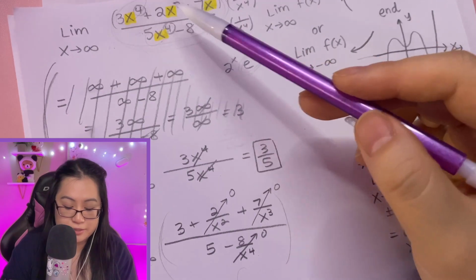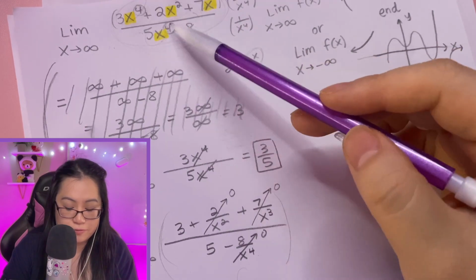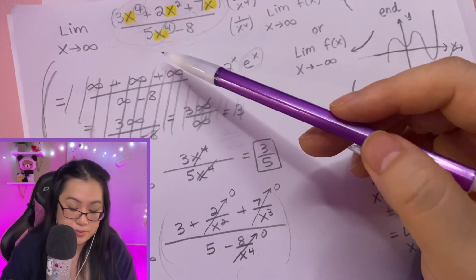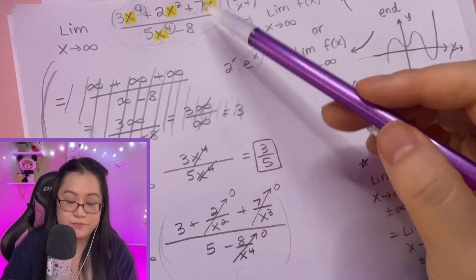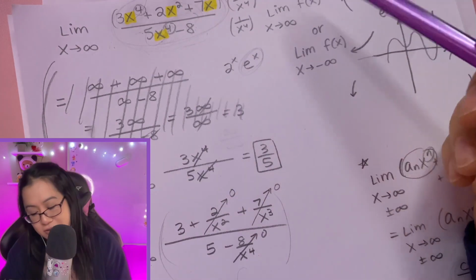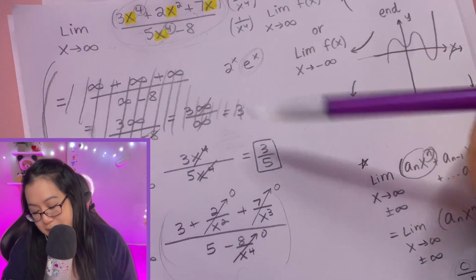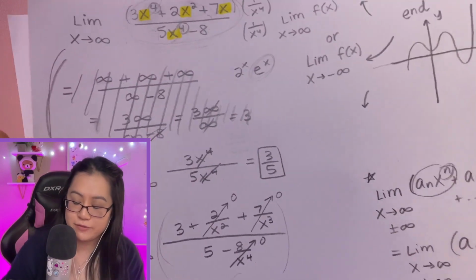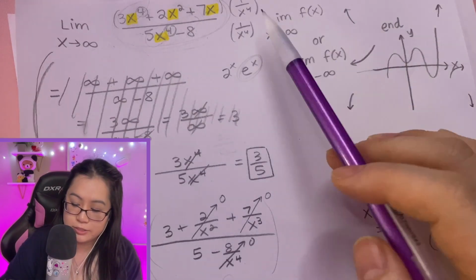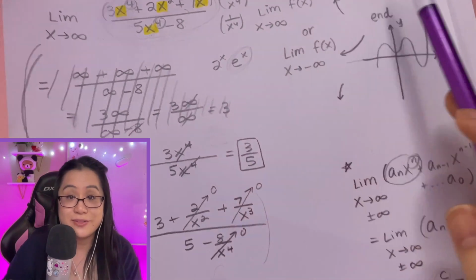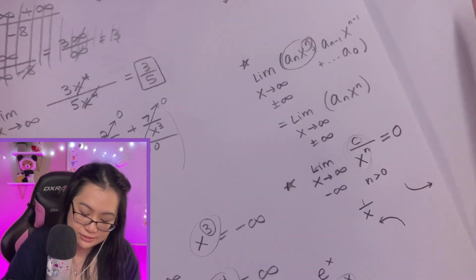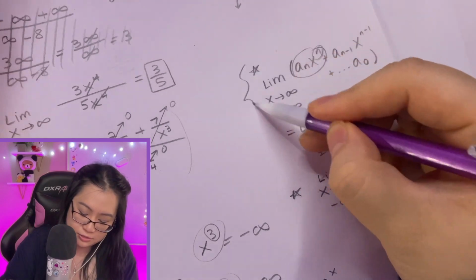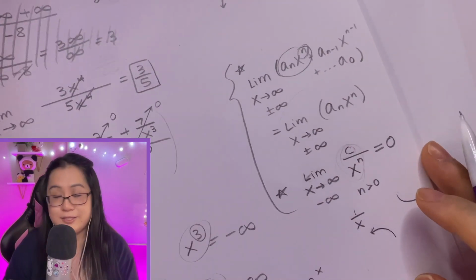If it's the top, like we would have 3/5x squared, and then the bottom would be weighted more, so then this would go to 0, etc. Just divide by the largest power. So pop, 3/5, that would be a very straightforward question. But if you have to show your work, make sure you show that you're dividing this all the way through, and rely on these two key facts here.